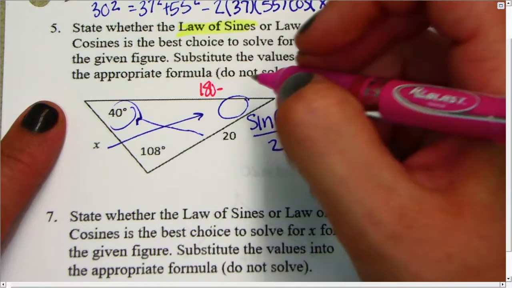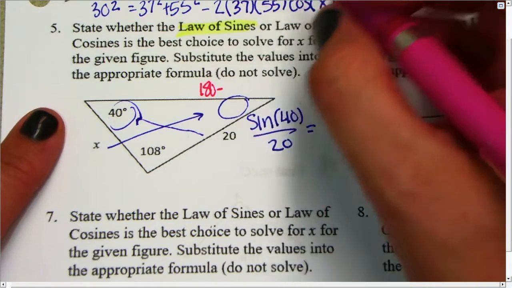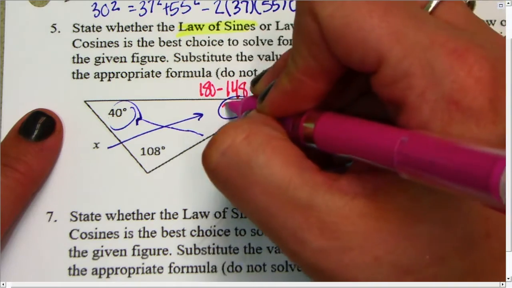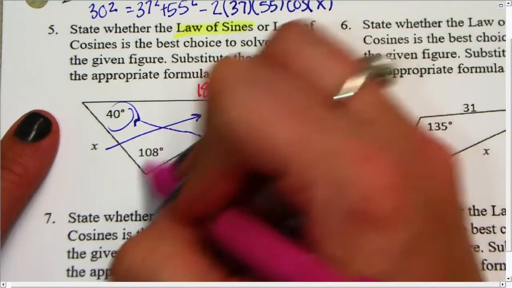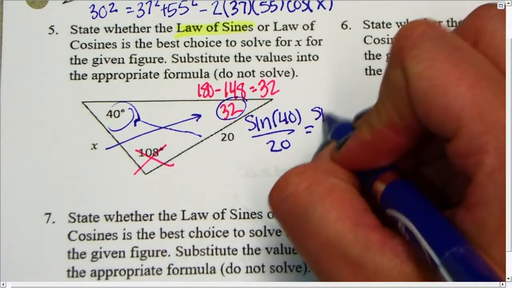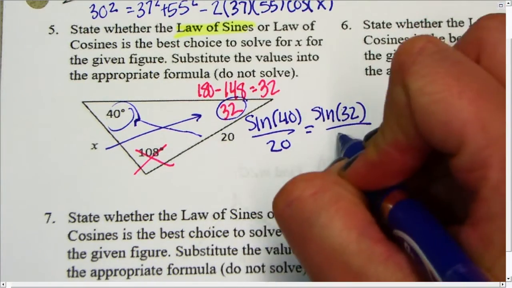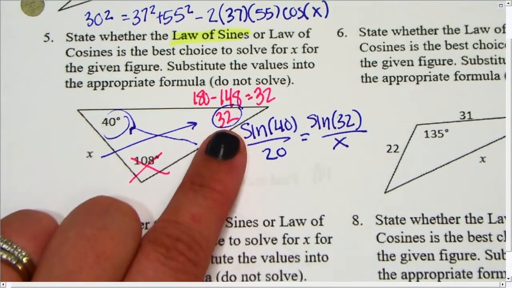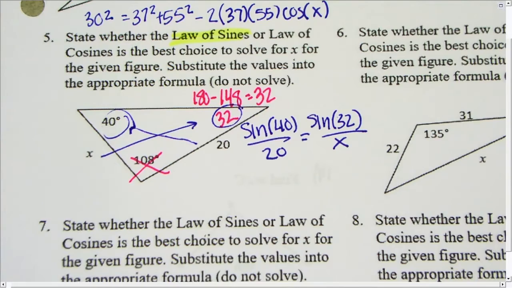So 180 minus 148 is 32, which makes this angle 32. We don't actually need 108 from here on, so now we have the sine of 32 over x. Remember, anytime you're missing the angle, you can calculate it. The angles in a triangle will add to 180.